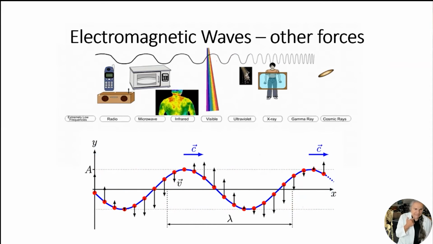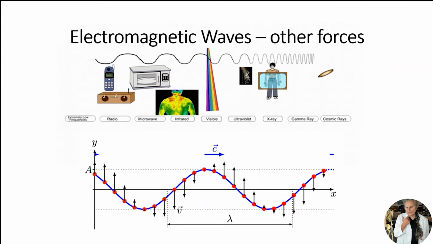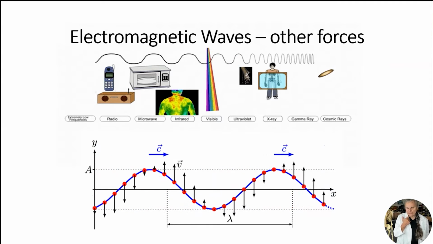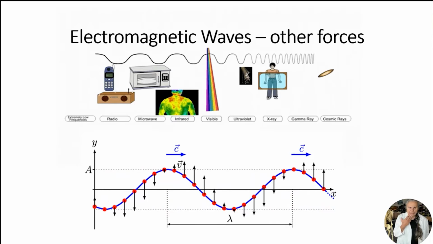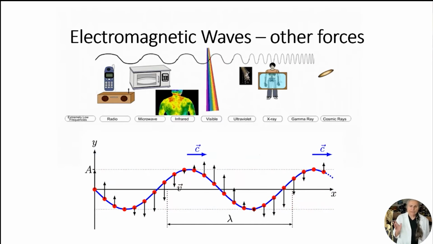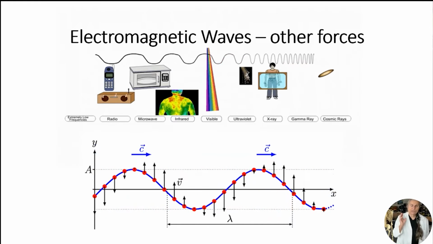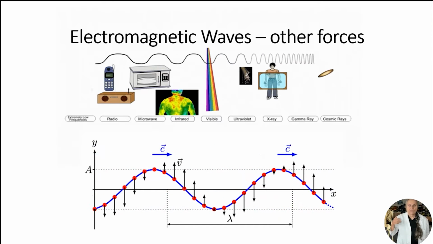Well, if you notice there, we have radio, microwave, infrared, visible wave, that's the rainbow, ultraviolet, X-ray, gamma rays, cosmic rays. Wait a minute, they're all different things. Well, no, they actually are all one force called the electromagnetic force.